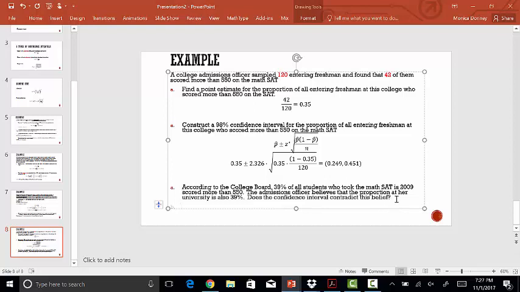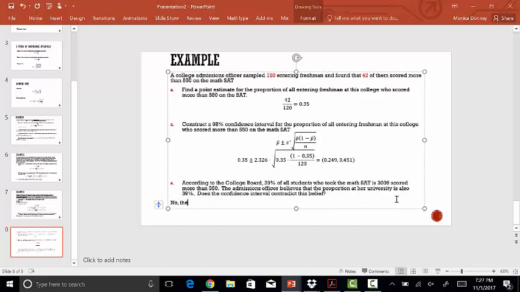Well, 39% falls between 25 and 45, so no, the confidence interval does not contradict this belief because 0.39 falls within the interval.